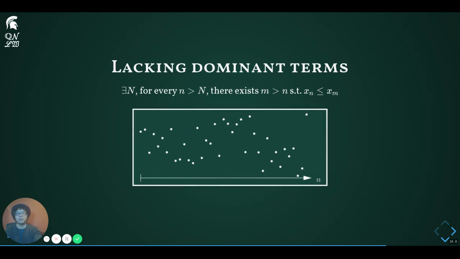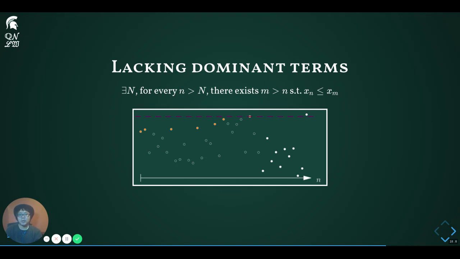Using this property, we can now build an increasing sequence. We start from x sub capital N. Since there must be a subsequent term that is larger, we find the first subsequent term that rises above x sub capital N. Having raised the bar, we next find the first subsequent term that exceeds that bar, and we repeat.